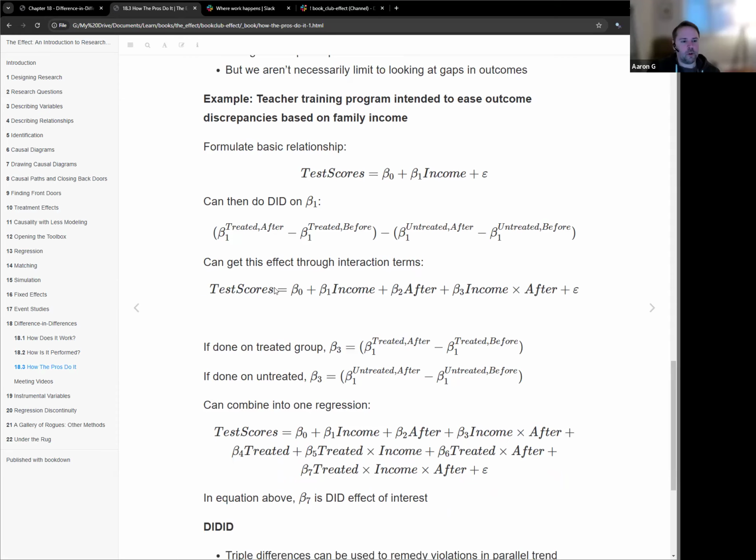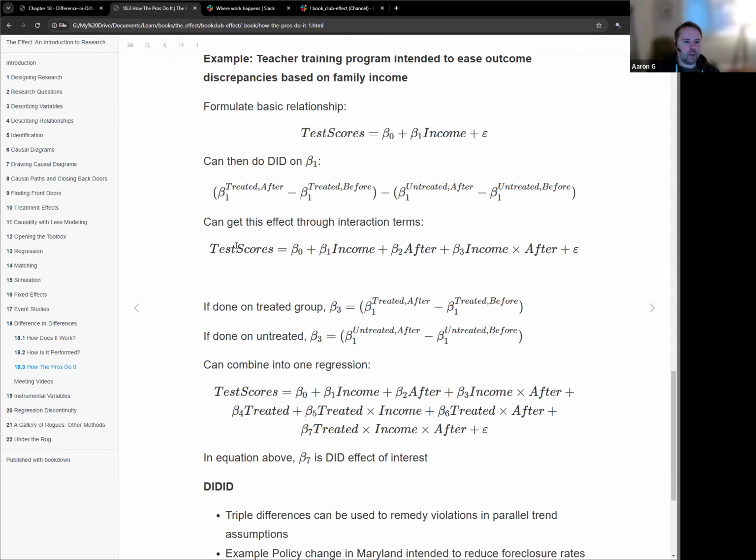And so we can envision measuring this by doing two regressions where we have test scores, we have income, a dummy for after treatment, and then the interaction of income and post treatment. And in this case, the beta 3 coefficient would represent that difference effect, not difference in differences, but a difference before and after.